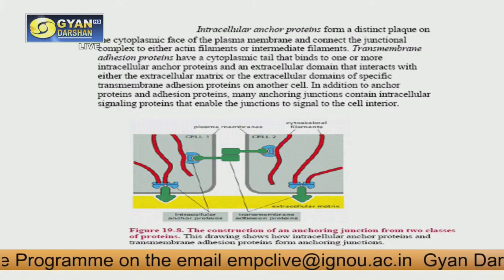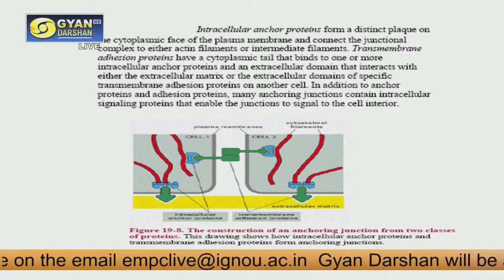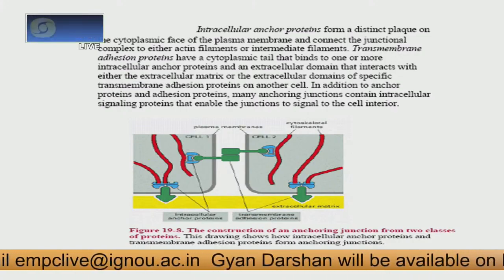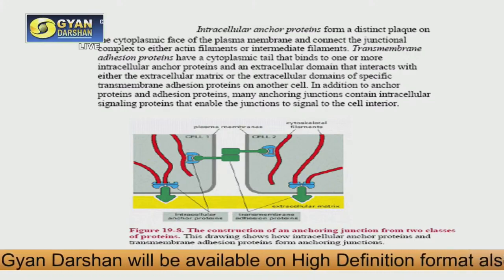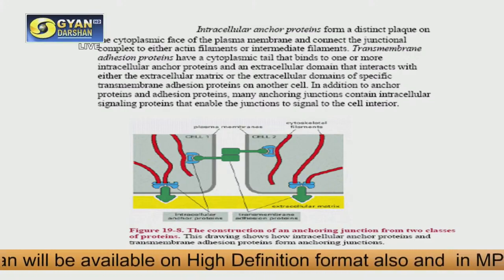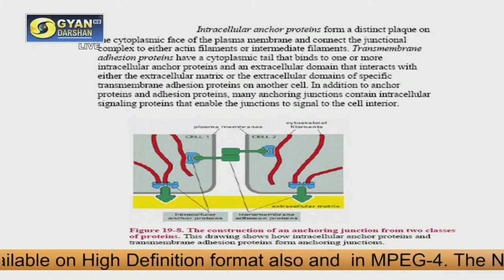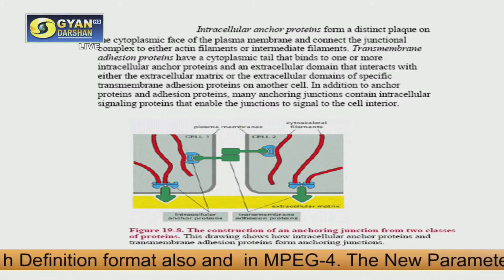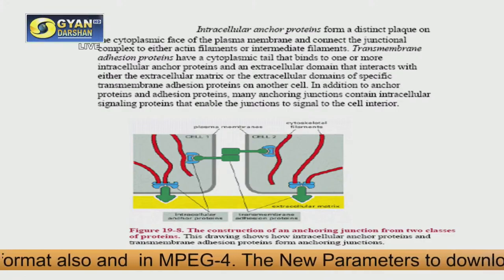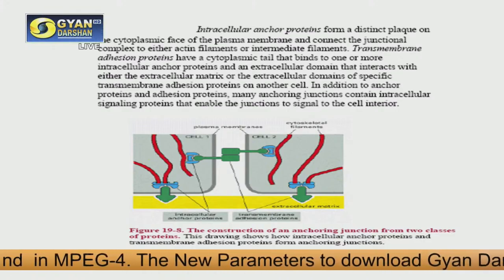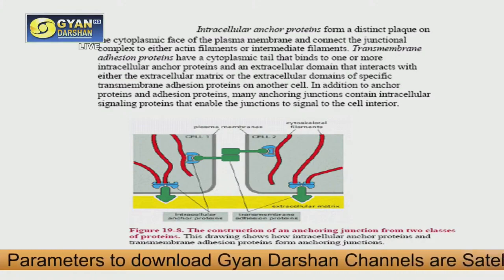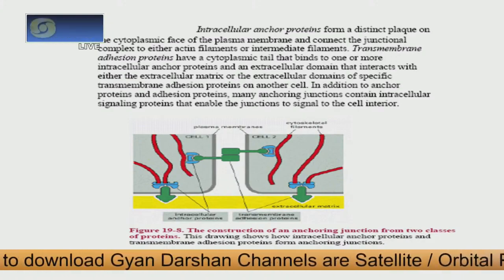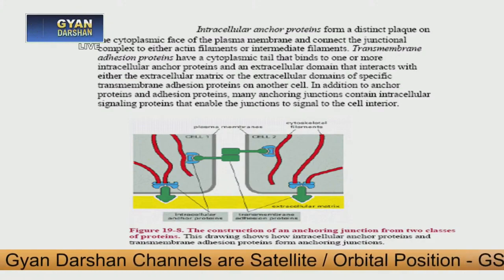Now the tail portion is attached with the actin, that is marked in red color. Actin filaments are marked in red color, and the tail portion is connected with this red colored actin filaments through some other proteins which are marked in blue.